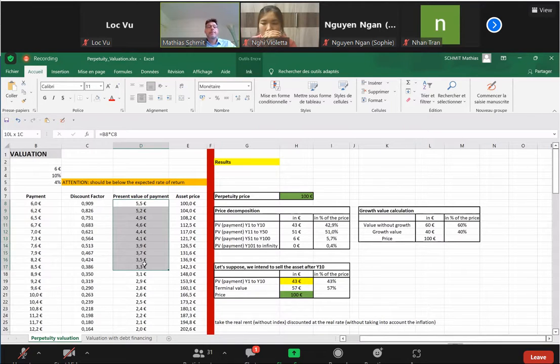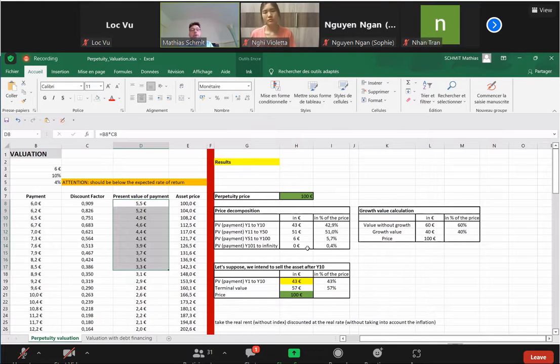The present value of the payments between year 11 and 50 is 51. Between 51 and 100, you see, once again, everything that you will receive after year 100 does not have a value today, or a very, very small value. Try to understand this.